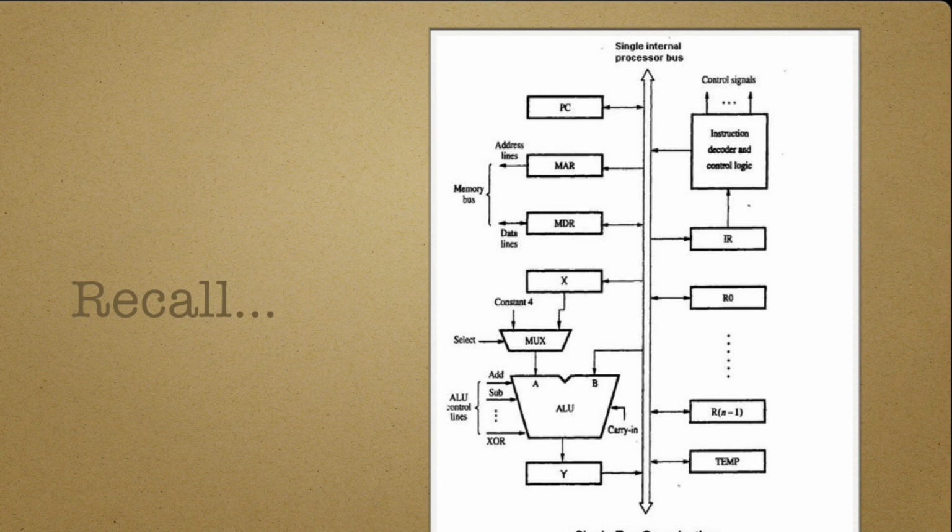These are some general purpose registers which we can call accumulators, and we have Temp, Y, X, MUX, like that, some registers used by the ALU or the CPU itself. These are not visible to the users. Only the general purpose registers will be visible to the users, and we have the ALU and the control unit. And all these are connected through an internal bus, that is the CPU bus.